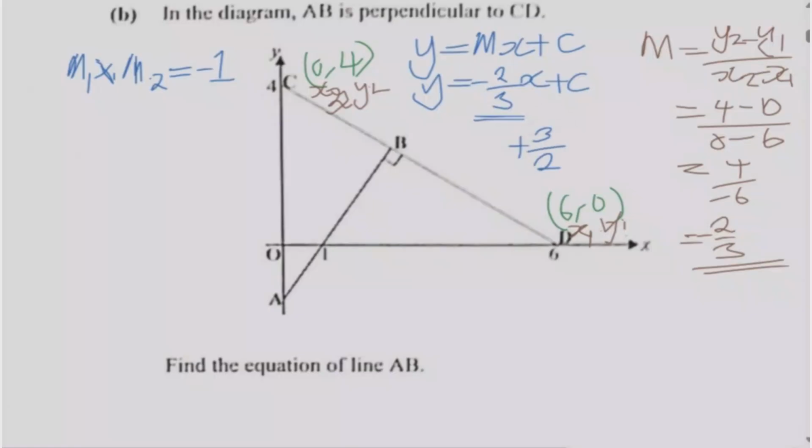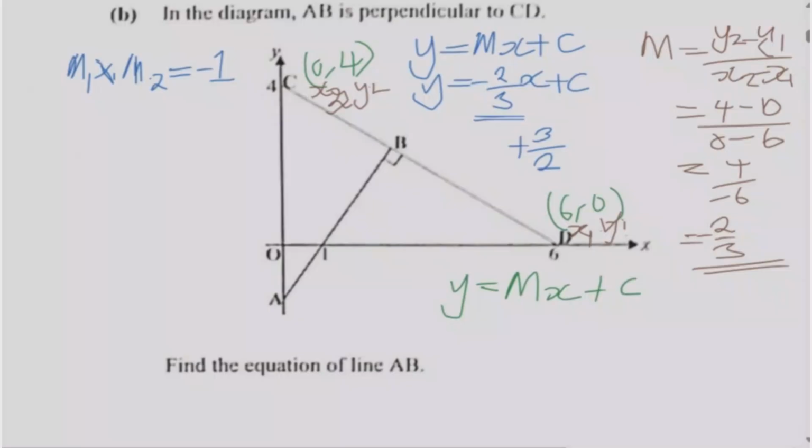Now, once we have gotten the gradient using that line, that's the business over. Now we can go ahead and find the equation, because the question is to find the equation of line AB. So to find the equation, again I'm going to come up with the frame of the equation that we use starting from grade 9. It's very important that you remain basic as you solve equations.